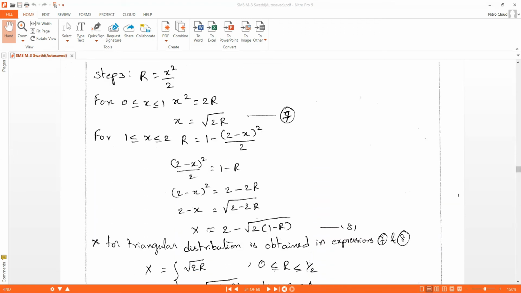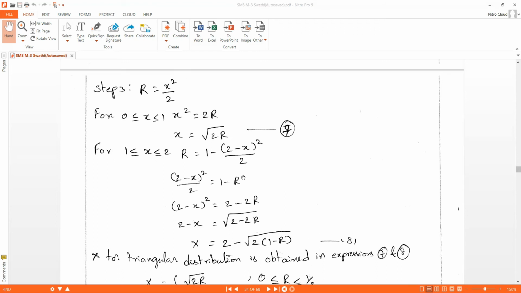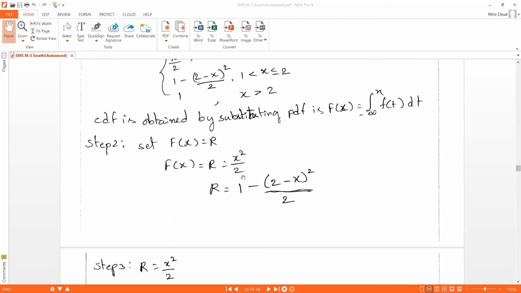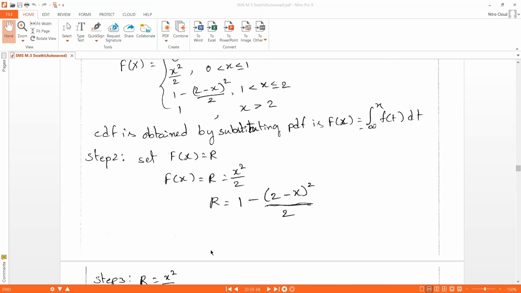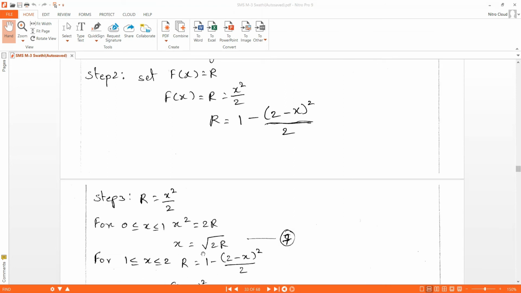Now in step 3, r is equal to x square by 2, when x is between 0 and 1, that is 0 less than x less than or equal to 1. For 0 less than x less than or equal to 1, we will find the x value.